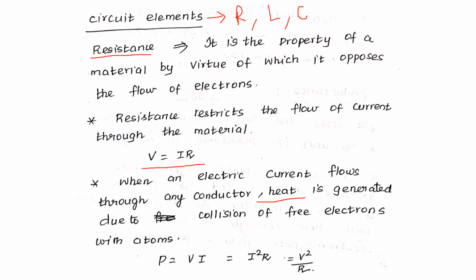Now we are going to calculate the power. Power is equal to the multiplication of voltage into current. Here I have to substitute V is equal to IR. So I into I, that is I square R, and otherwise we can write V square by R also.